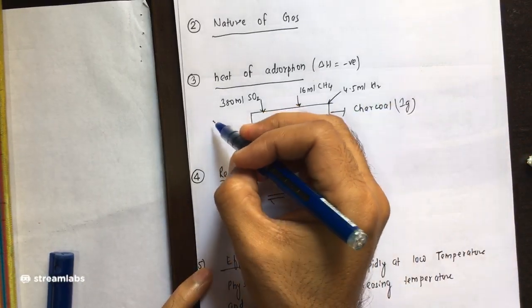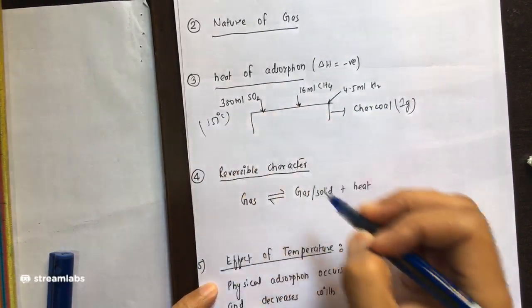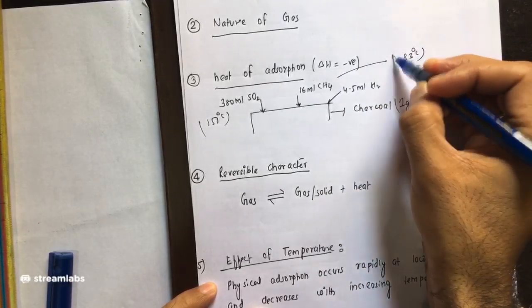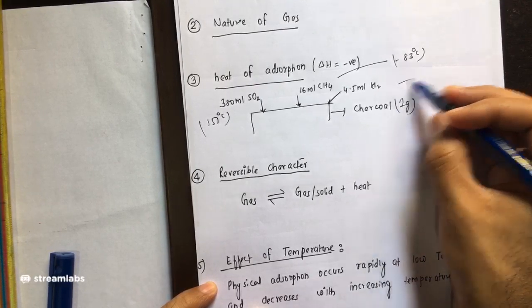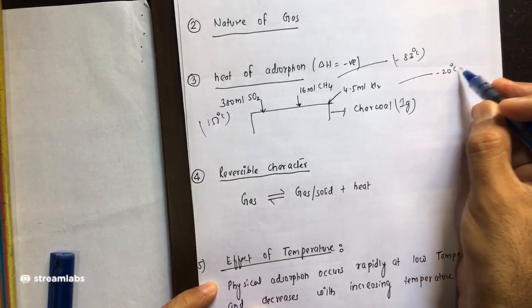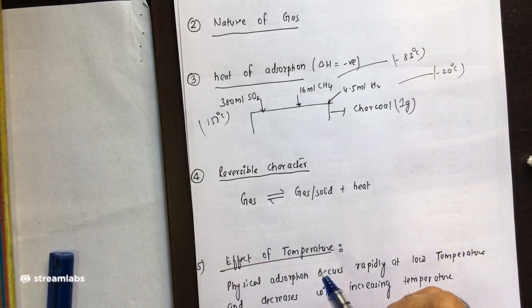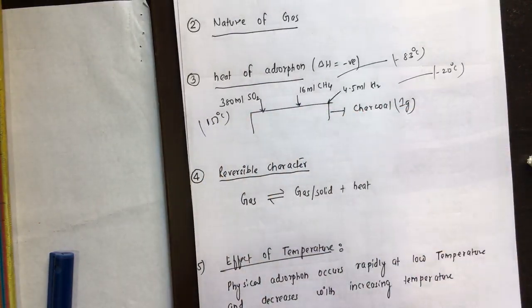Because the critical temperature of SO2 is 157 degrees centigrade. If you talk about methane, it is minus 83 degrees centigrade, and hydrogen is minus 20 degrees centigrade. So what is adsorbed more? 380 milliliter of sulfur dioxide, because its critical temperature is higher, 157 degrees centigrade.